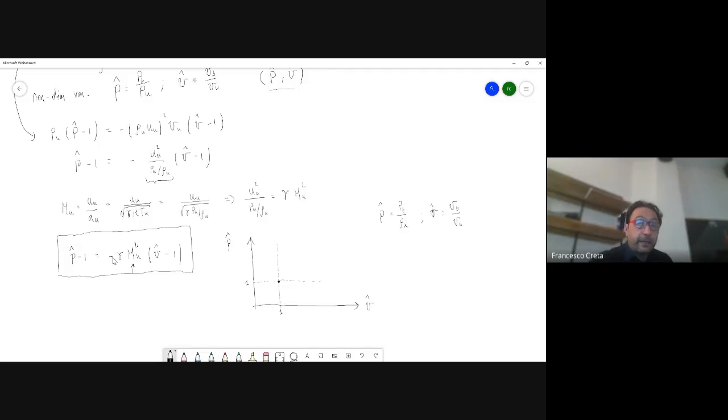That means that they're either lines going like these, which is the case where M_u is supersonic, so it's bigger than 1, or they're lines that are like this when M_u is less than 1.